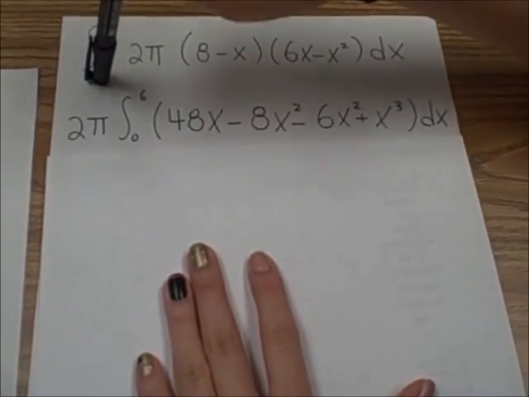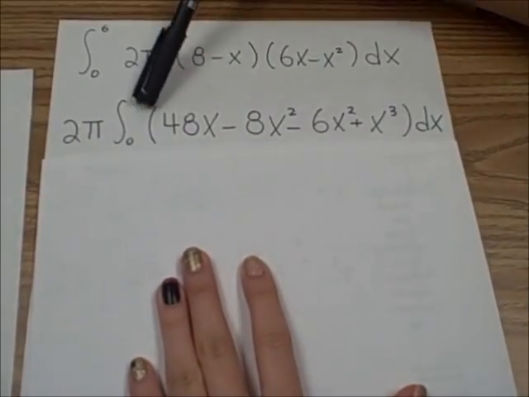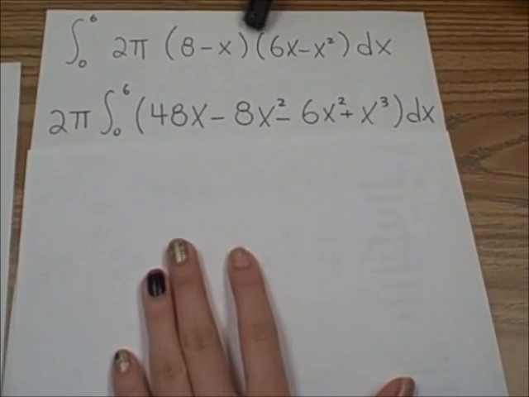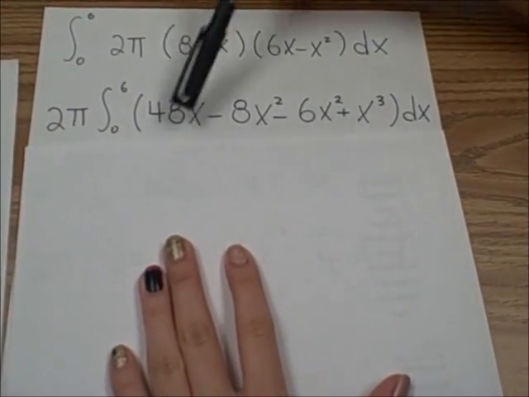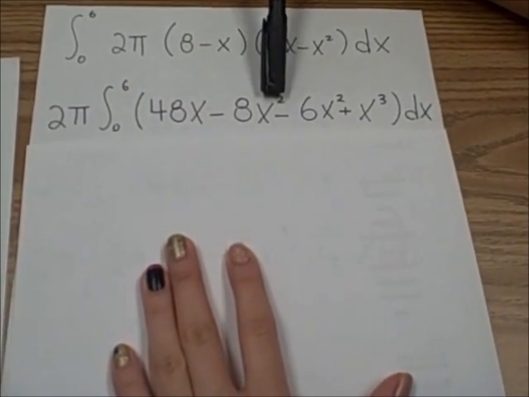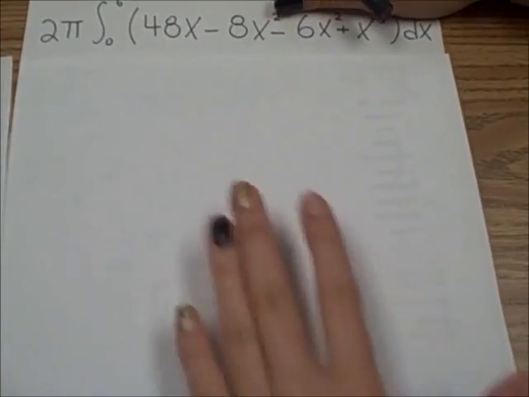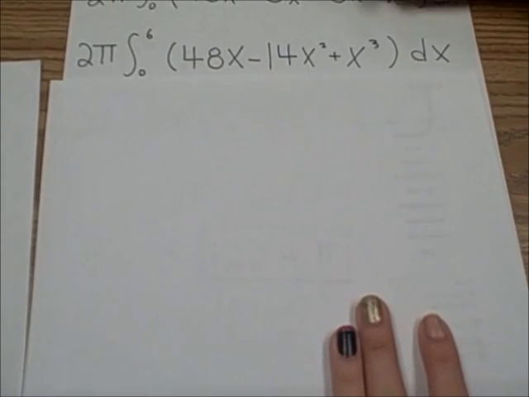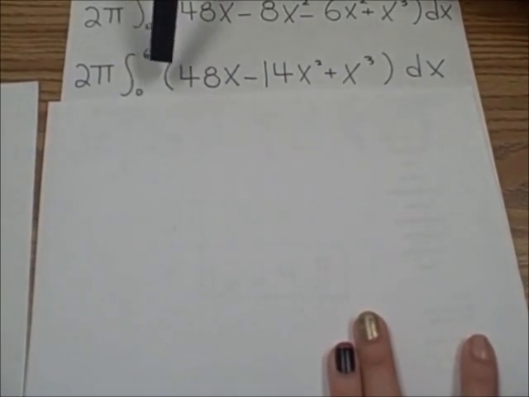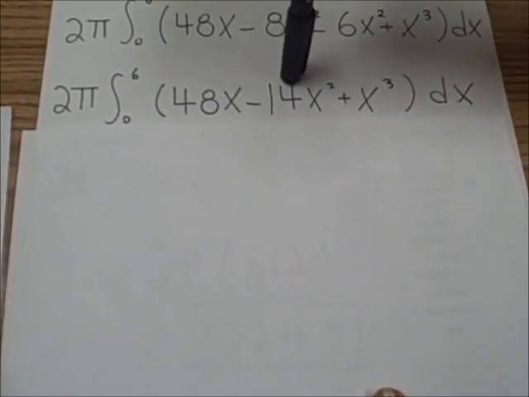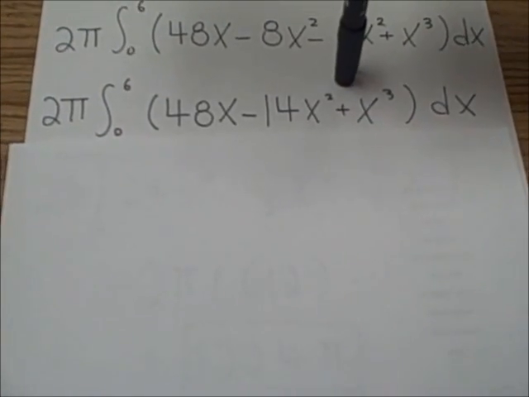Let's put 2 pi in front and solve this problem. I solved the multiplication already: 48x minus 8x squared minus 6x squared plus x cubed. And then let's solve this further: 2 pi times the integral from 0 to 6 of 48x minus 14x squared plus x cubed.